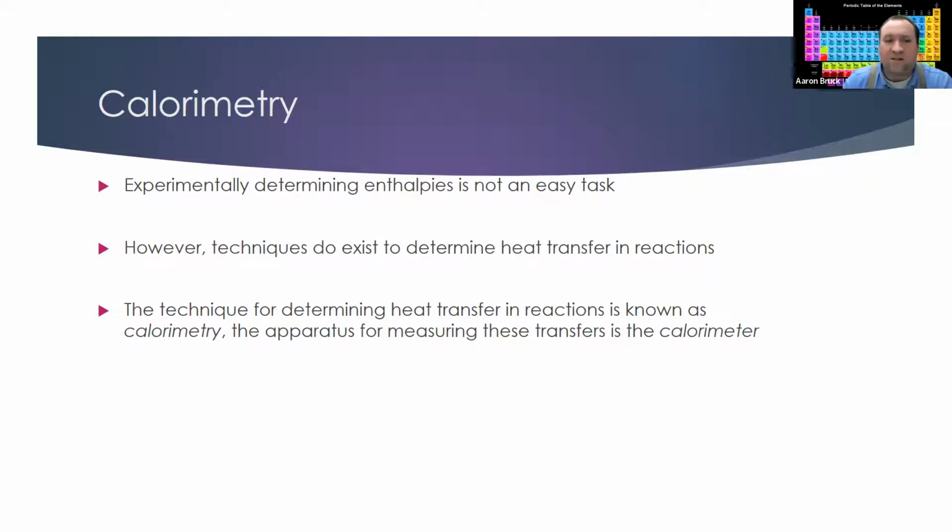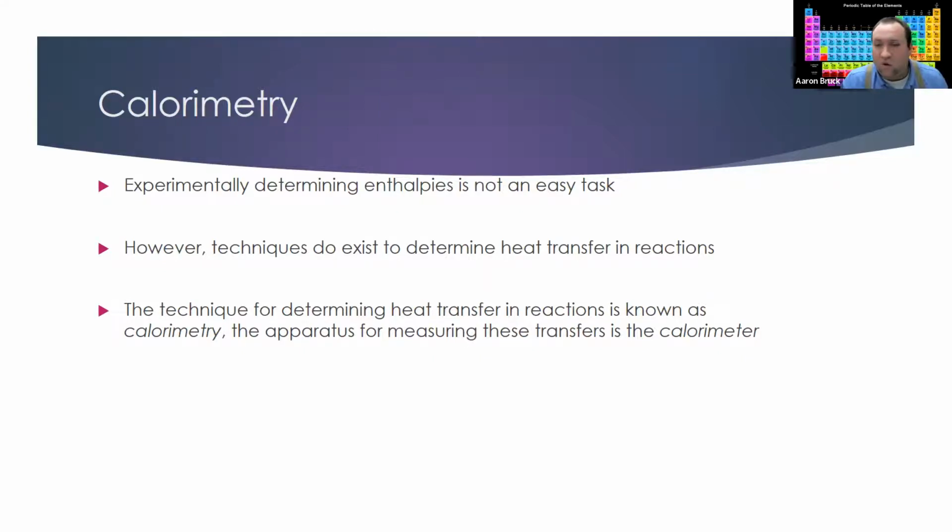So, a couple of things about a calorimeter. A calorimeter can come in a variety of different forms. The one that is most common, the one that we will use, basically looks like a big coffee cup. It's thick-walled styrofoam.